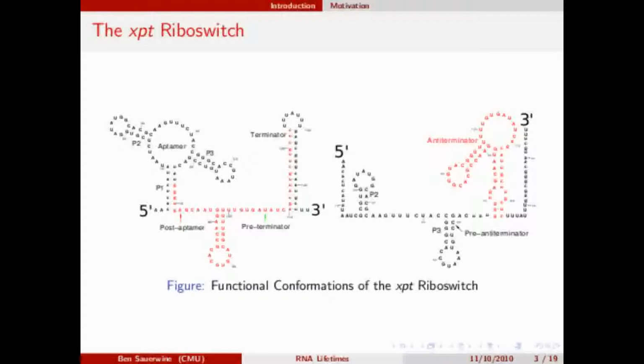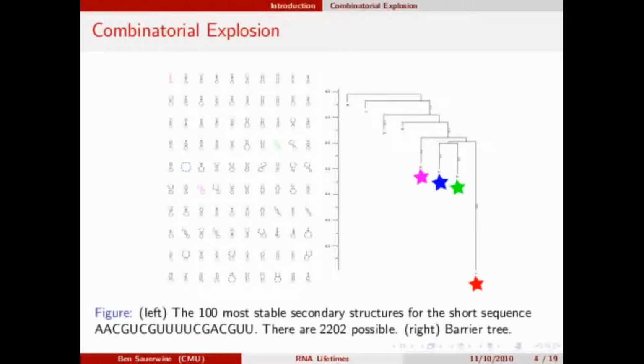When the anti-terminator forms, even though the terminator structure is more thermodynamically stable, the terminator is not able to outcompete the anti-terminator over the time frame that it has to form in. Because of that, genetic transcription continues past the terminator hairpin and allows the XPT gene to be formed as a messenger RNA.